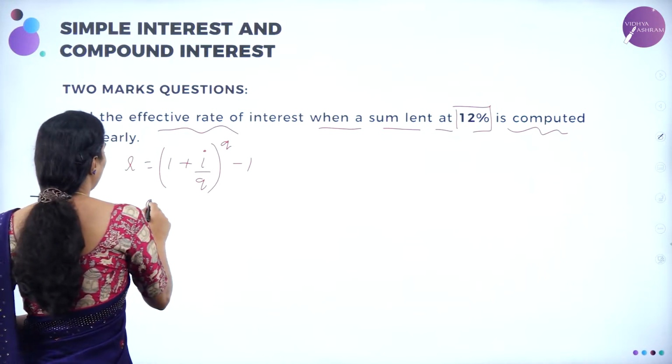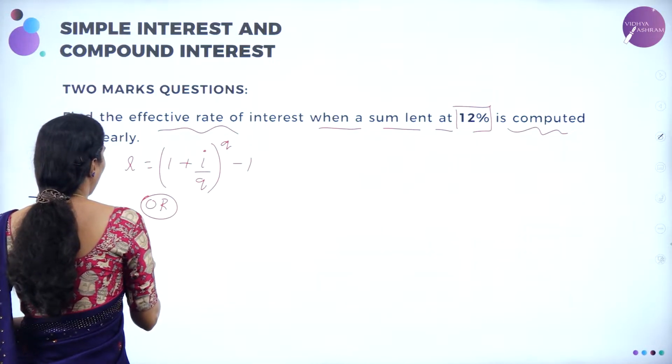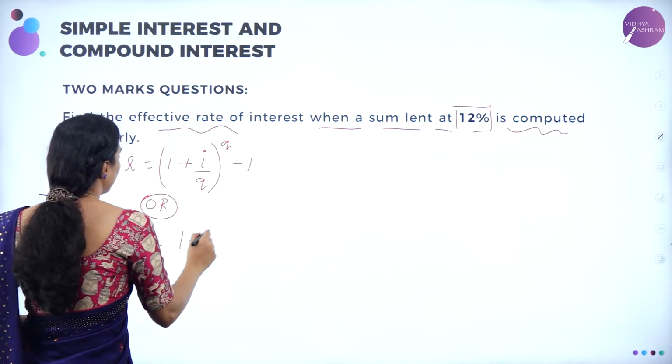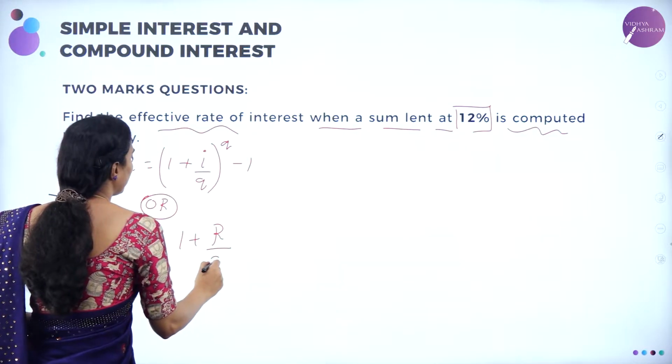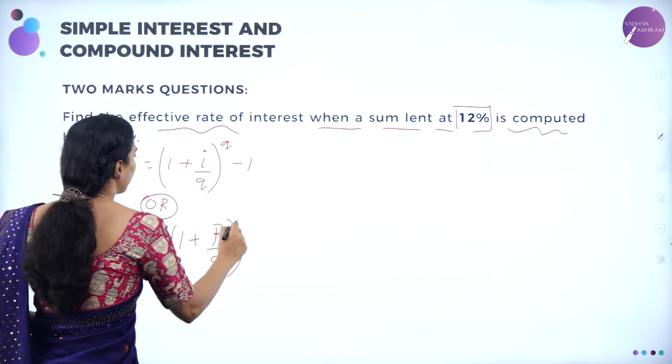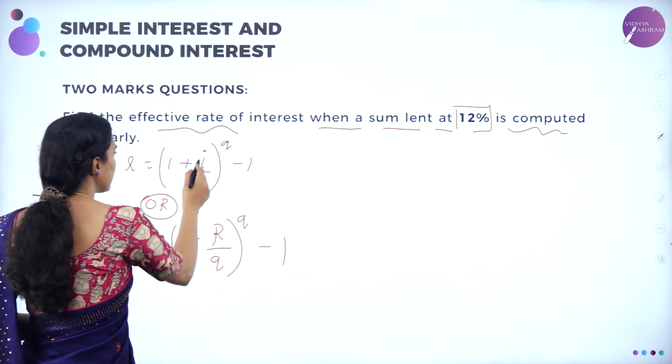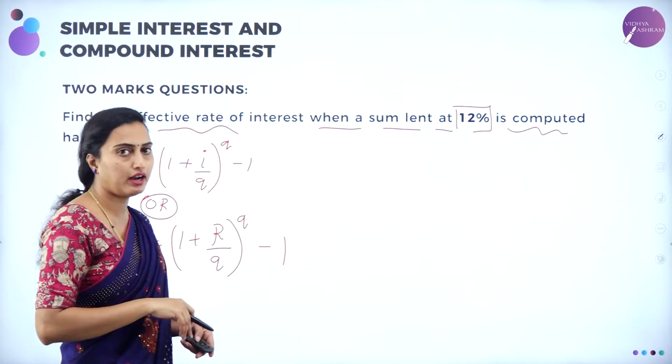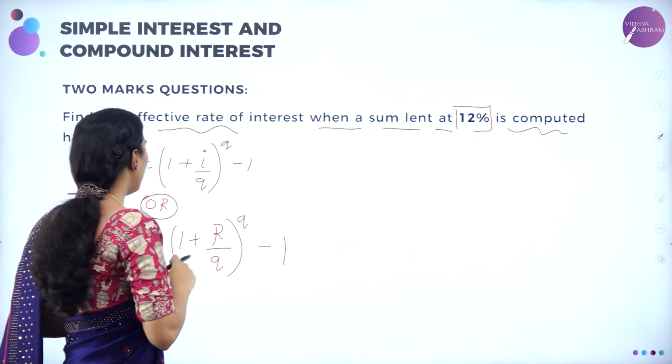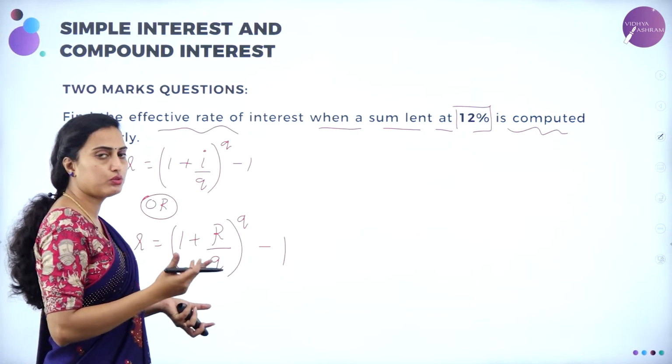Otherwise, you can have the formula r is equal to (1 plus R divided by Q) to the power of Q minus 1, because I is equal to R divided by 100, isn't it? So either you can use this one or you can use this one.